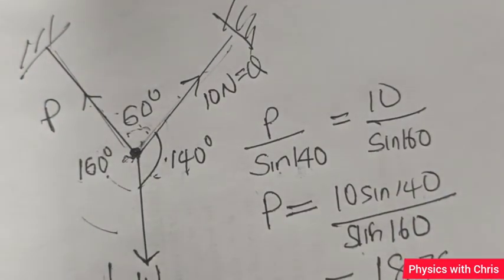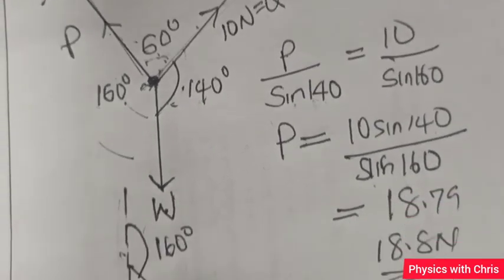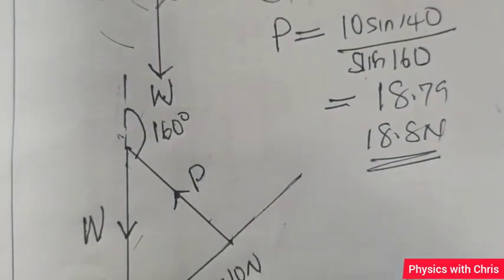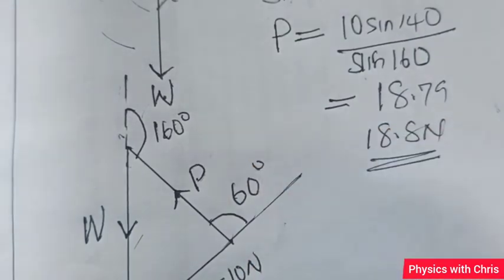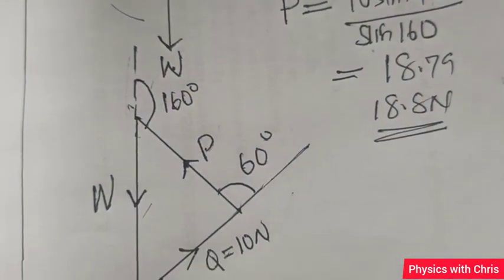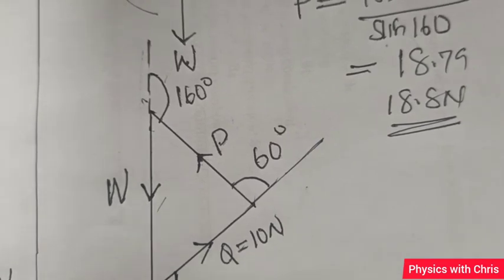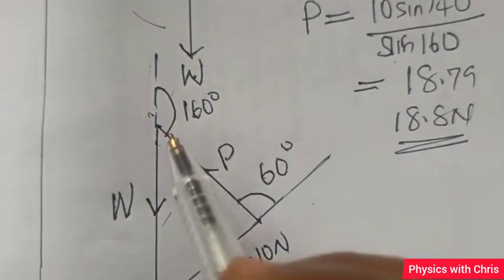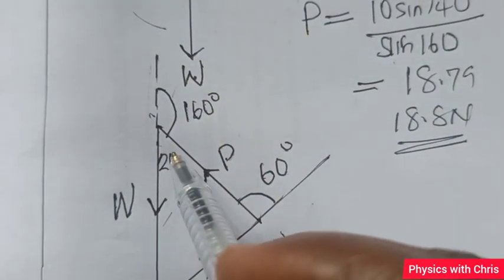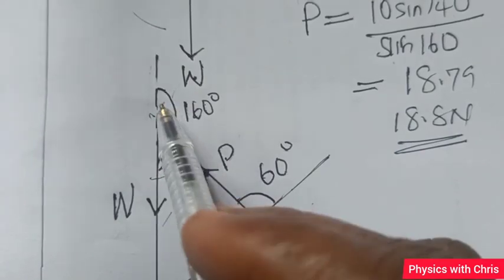Okay, so how do I represent that? My 60 degrees must be this one here. This is my 60 degrees. Recall I told you that all these angles are exterior angles. They're not interior. By using the sum of angles on a straight line theorem, this must be 20 degrees because the sum of this angle and this other one must give 180 degrees.